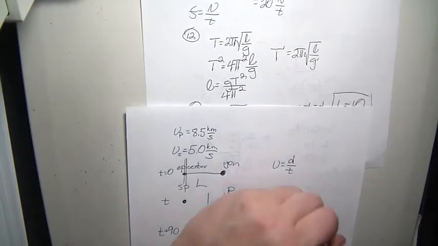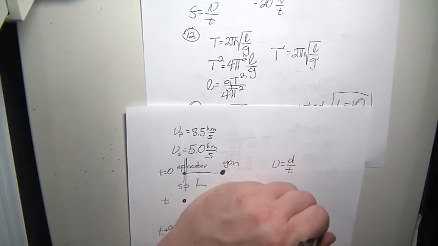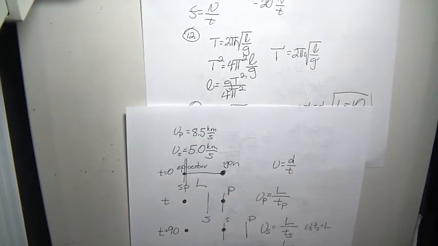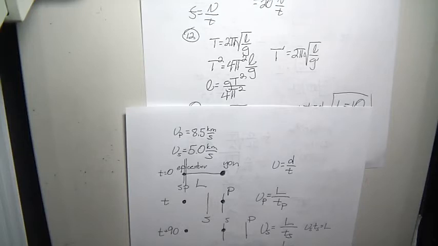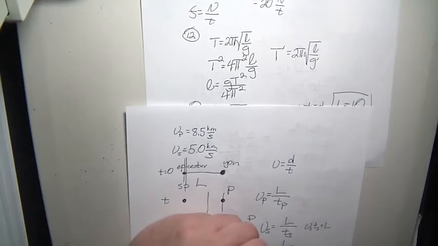What we do for both is that VS TS is equal to L and VP TP plus 90 is equal to L. Oh, and this is not VS, this is VP.